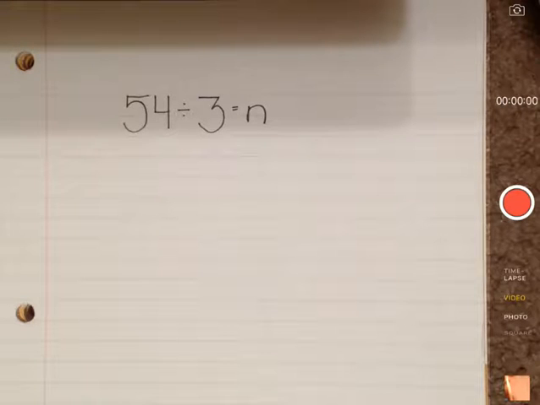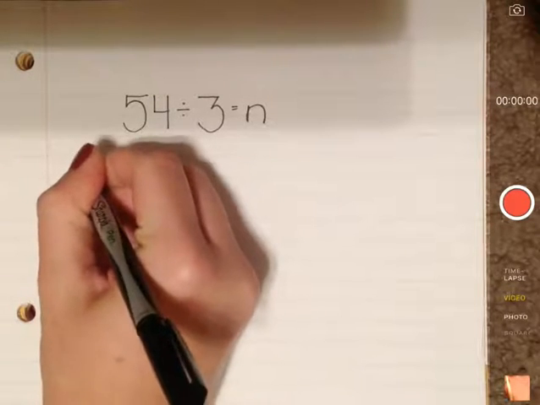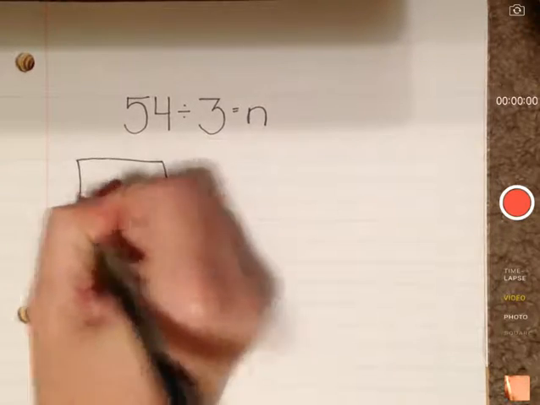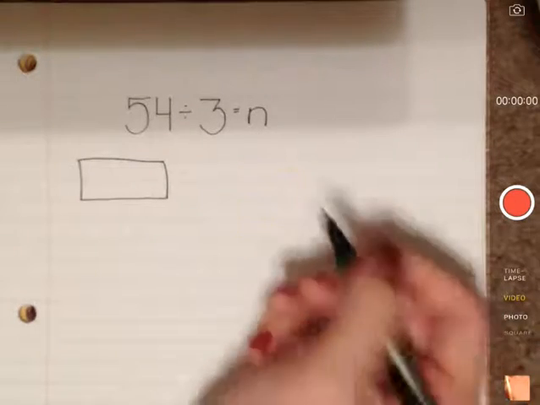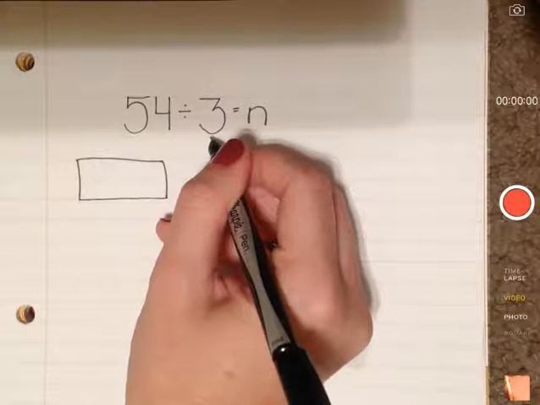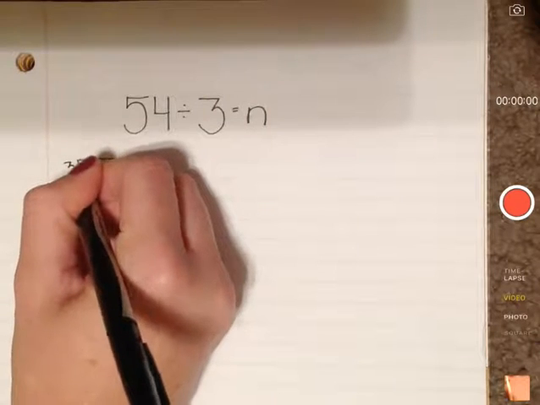Remember that when you start with an area model, you're going to start with your rectangle off to the left-hand side of your page. Remember that your divisor, the number you're dividing by, goes on the outside of your box.